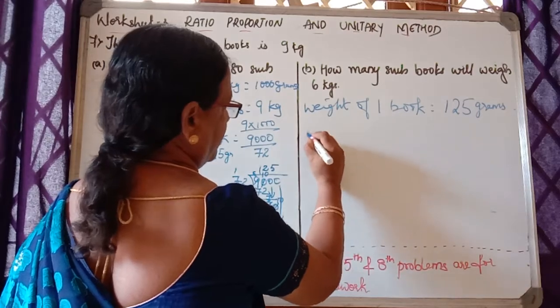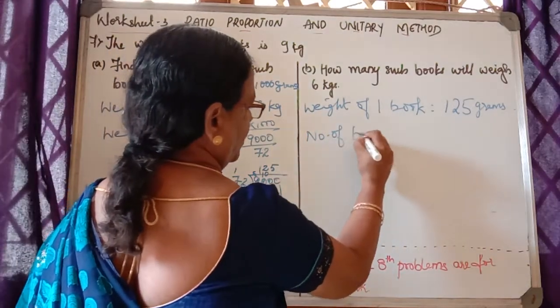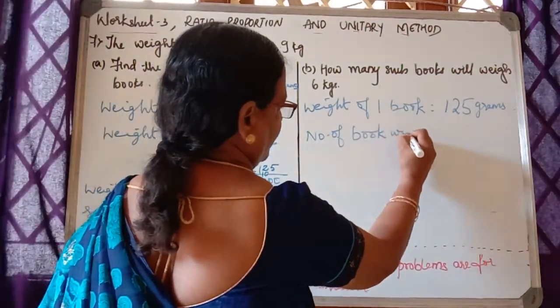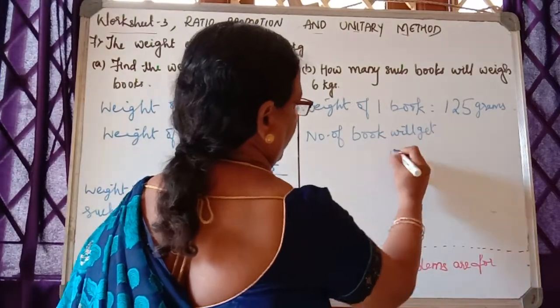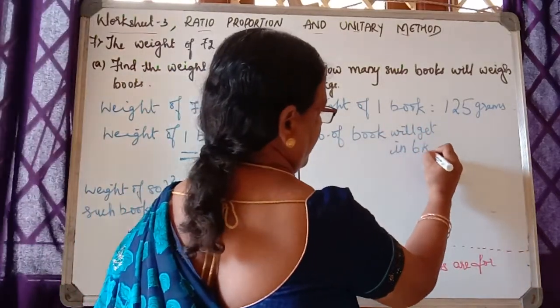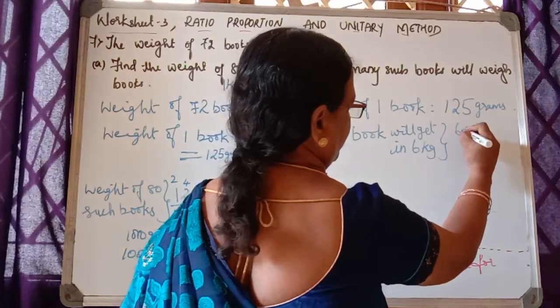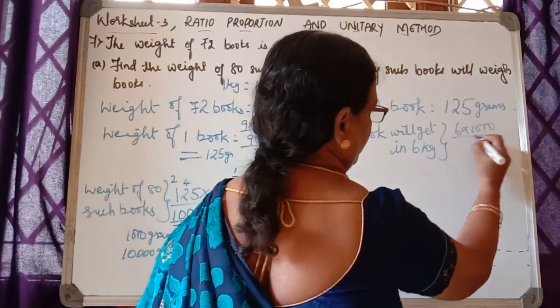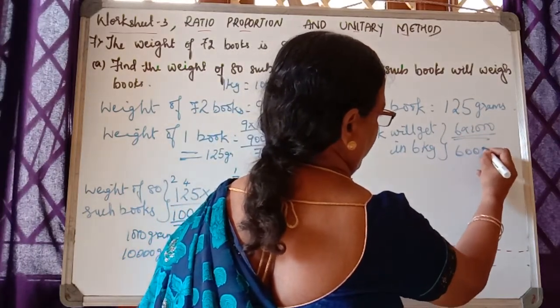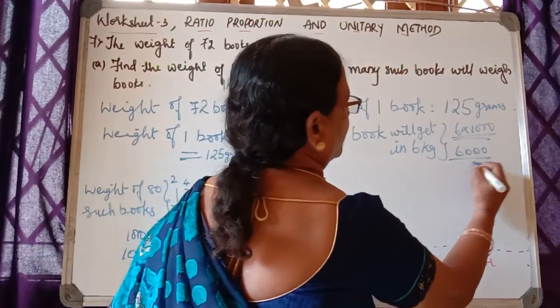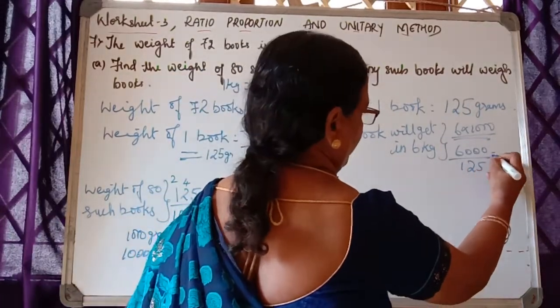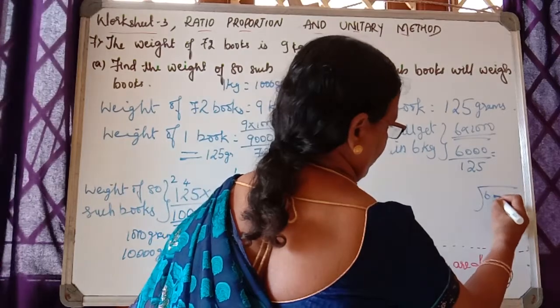Here the number of books in 6 kg. 6 into 1,000 equal to 6,000 grams. One book is equal to 125. Now we are going to divide and find out.